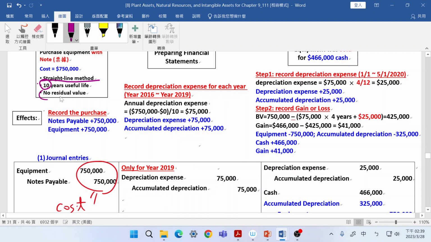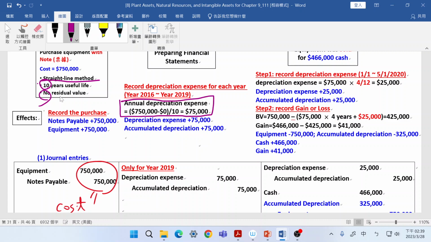Also 10 years, no residual value. Because of that, each year the number should be $75,000. Cost minus residual value divided by useful life. So each year I have to record depreciation expense of $75,000.